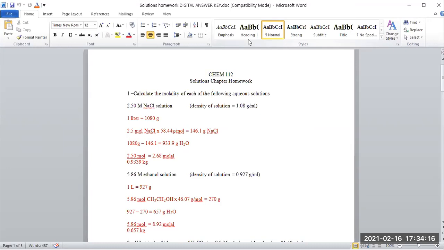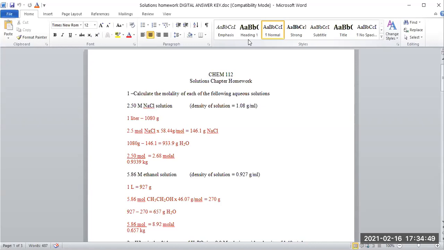That would mean that my liter of sodium chloride solution has a mass of 1,080 grams. I know that within that 1,080 grams, I have 2.5 moles of sodium chloride. Periodic table, molar mass of 58.44. So of that 1,080 grams, 146.1 is actually due to the salt.